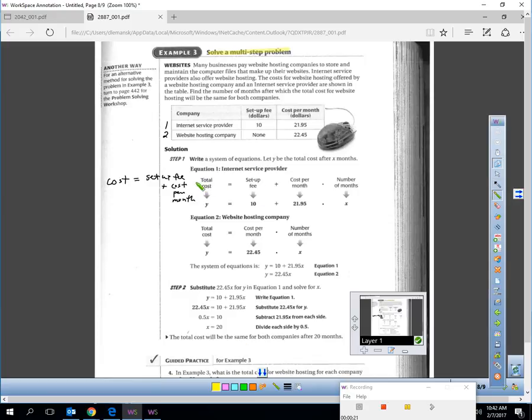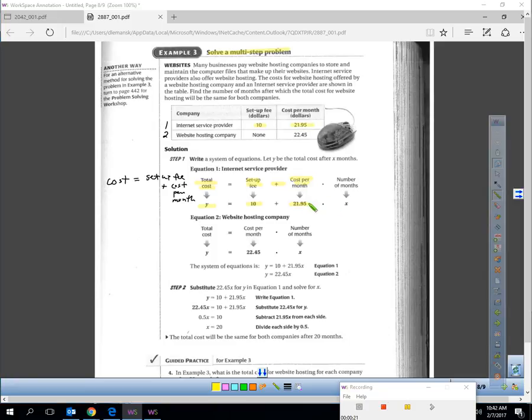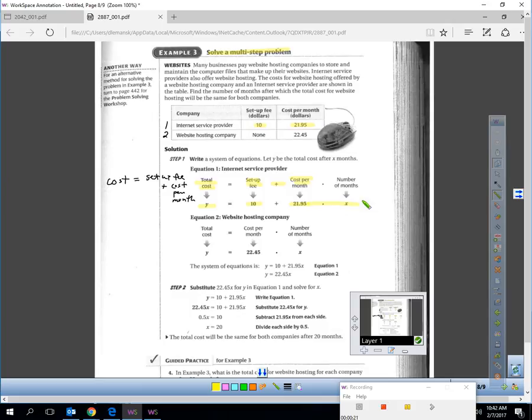The total cost is Y. The setup fee for company 1 is $10, plus the cost per month would be $21.95 times, I don't know how many months, that's why I put X. So there's the first company's equation, Y equals 10 plus 21.95X. There's company 1's equation for their service cost.